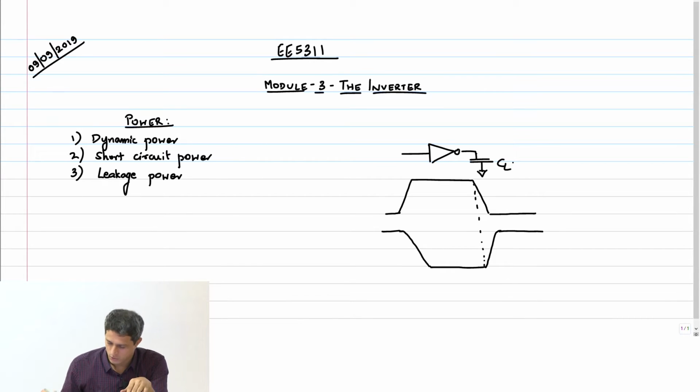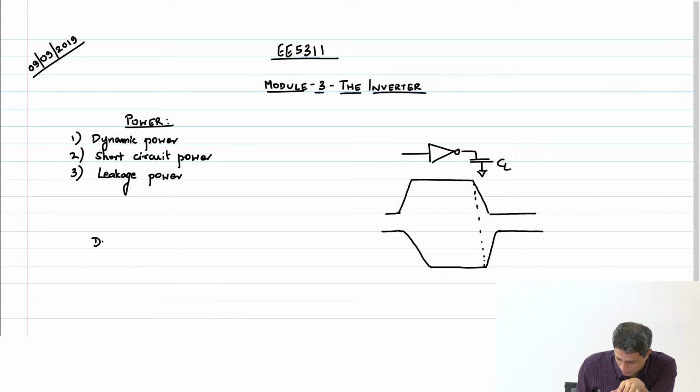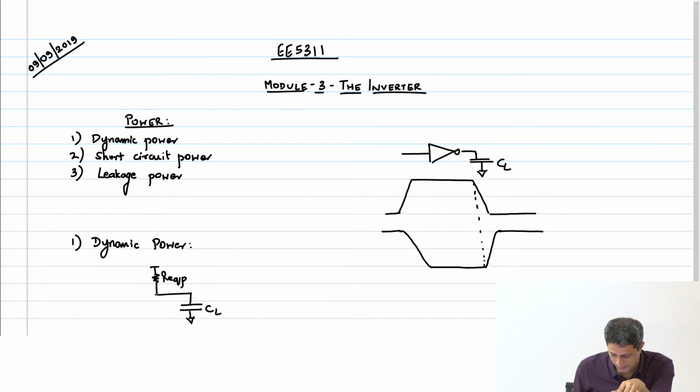Okay. So we said that for dynamic power, when the capacitor has to charge, there is an R equivalent of the PMOS which is going to charge like this, right? And of course the NMOS is cut off.